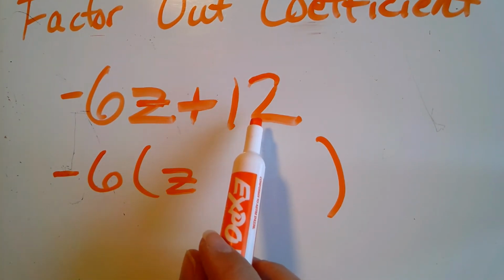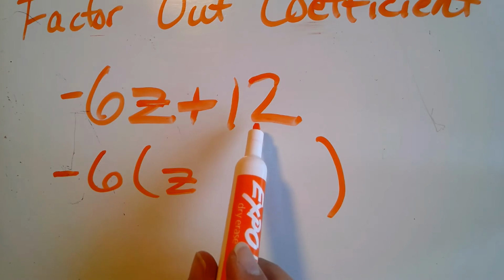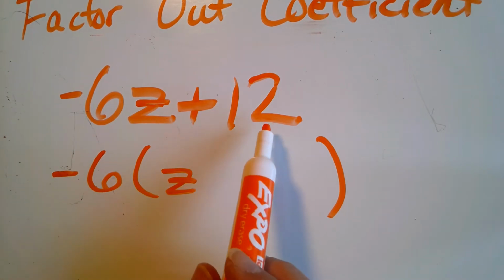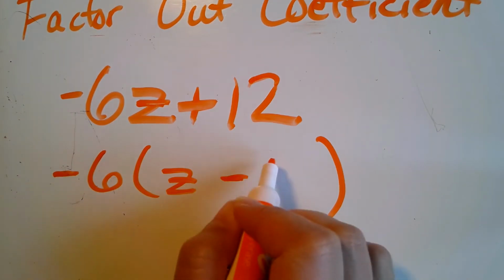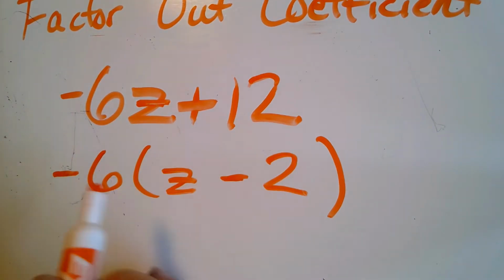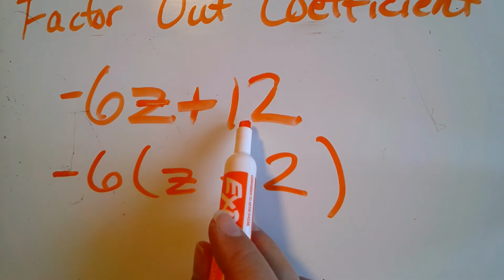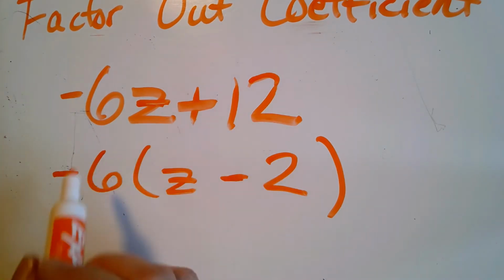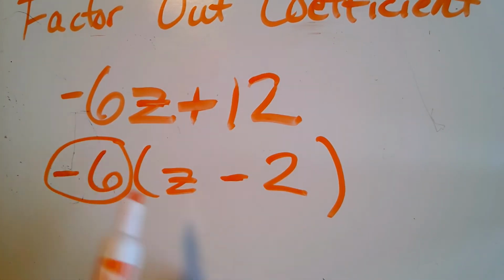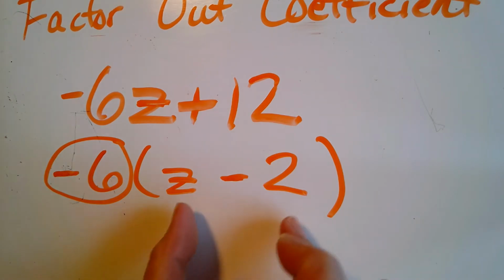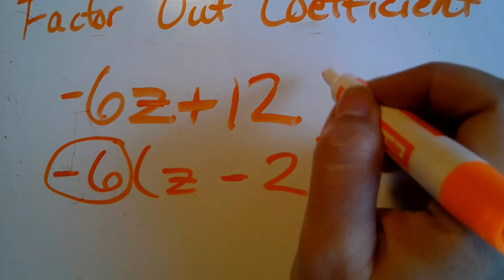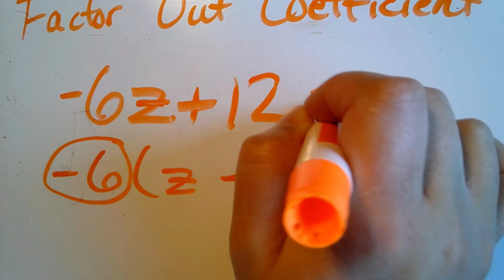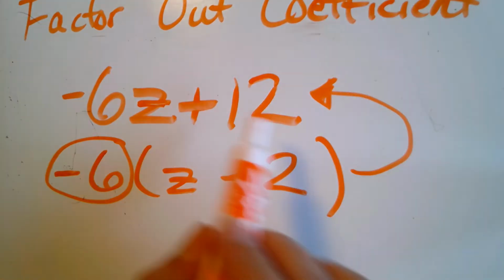So think about it for a minute. What times -6 would be a positive 12? Well, we want a positive 12, right? So -2 would. -6 times -2 would be our positive 12. So you just figured out what the expression is that was being multiplied by the coefficient of -6 that would give us a simplified expression of -6z plus 12.